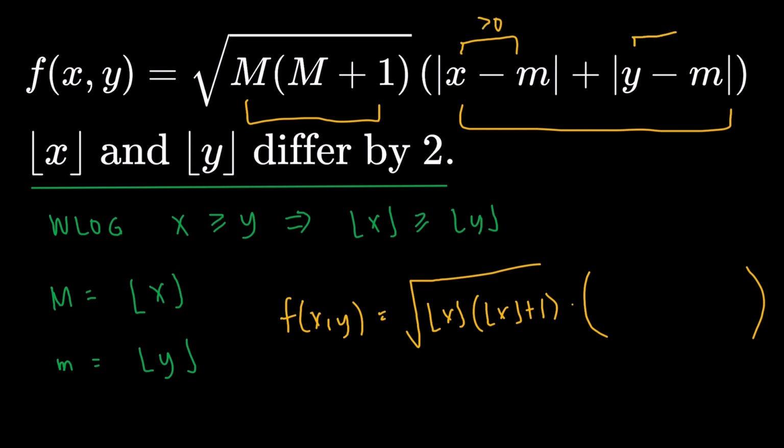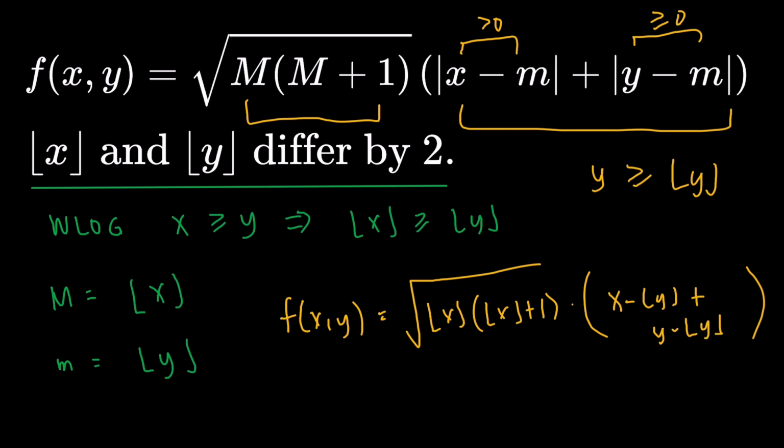And then y minus the floor of y, that's obviously non-negative, because any number is greater than or equal to its integer part. So I could conclude from here that it's x plus y minus twice the floor of y, or I could just write it as x minus the floor of y plus y minus the floor of y.